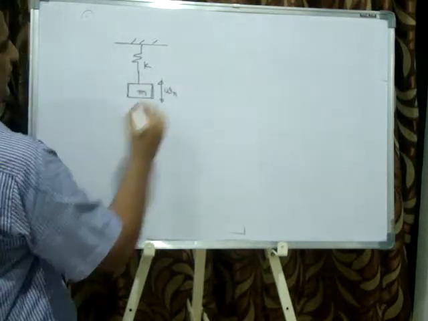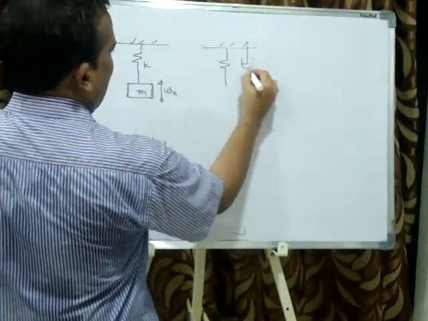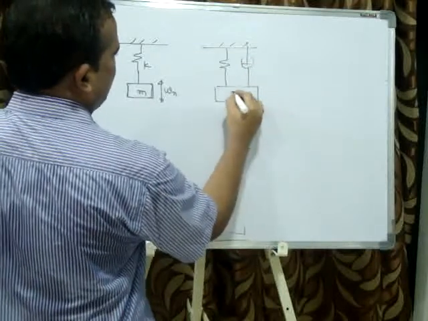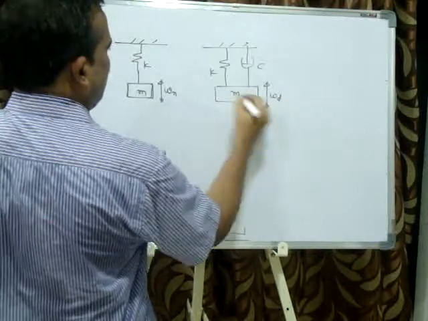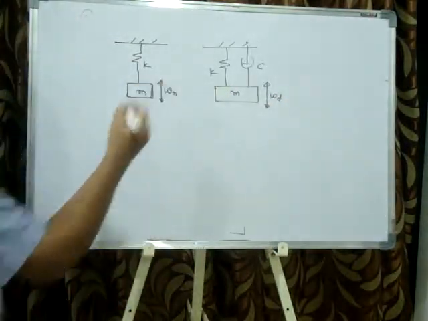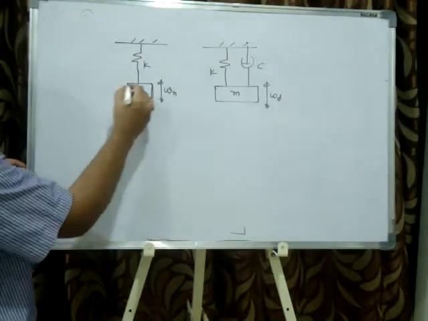If I take a spring-damper system, the system is oscillating with omega d, if I give some initial excitation, initial input. Now what is the difference here?